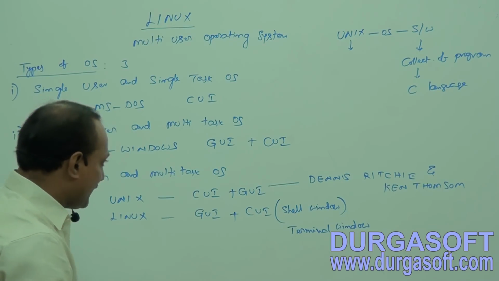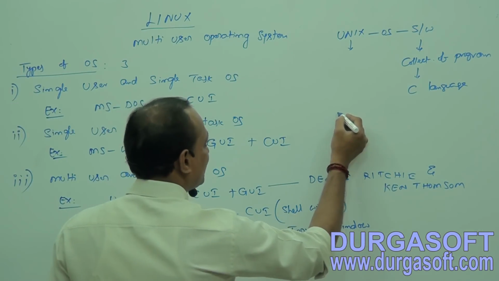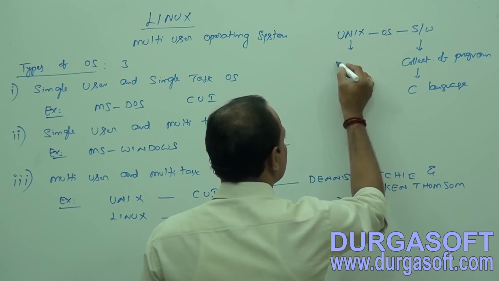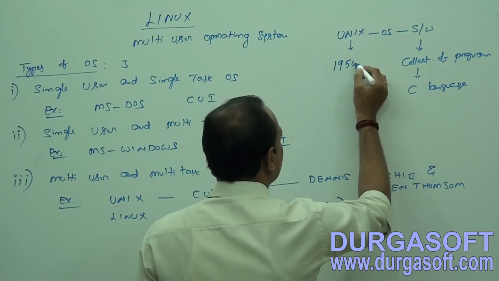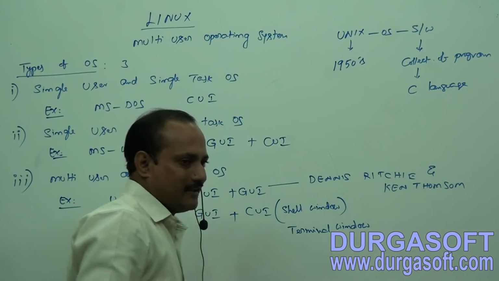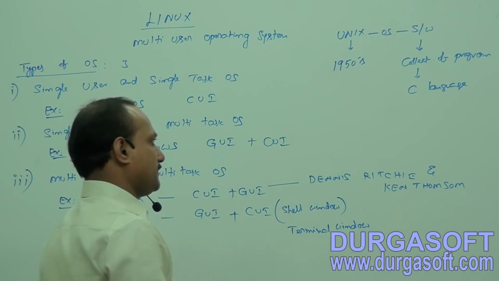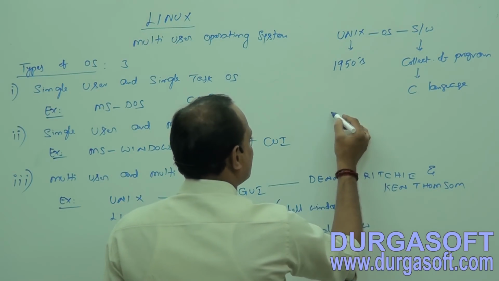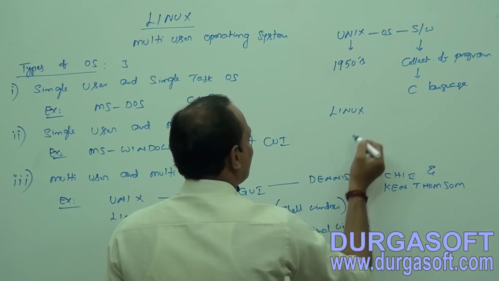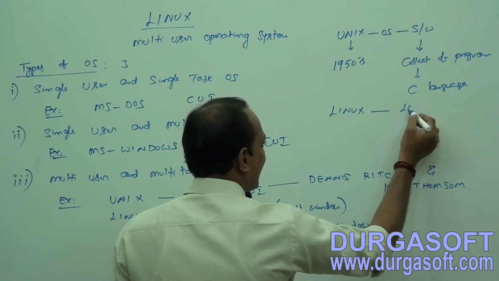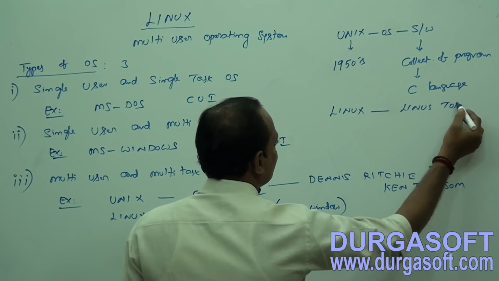And next, what about Linux? This operating system was developed in early 1950s. In early 1950s, the Unix operating system was developed. Next, what about Linux? Linux was developed by Linus Torvalds.